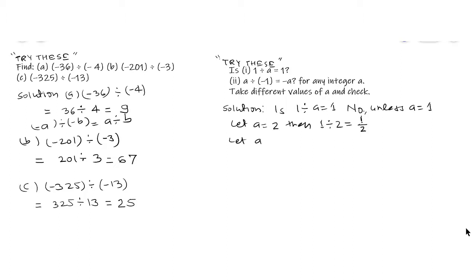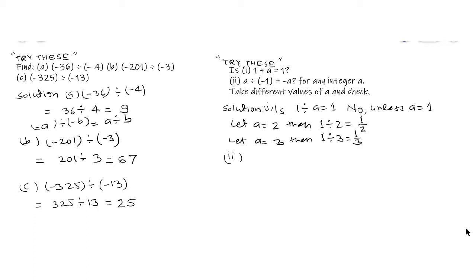Let a equal to 3, then 1 divided by 3 equal to 1 upon 3, which is not equal to 1. Hence, we conclude that 1 divided by a is not equal to 1 unless a equal to 1. We go to the second part of the question.